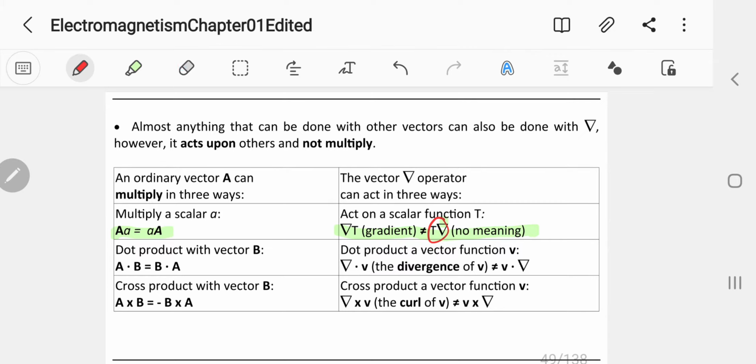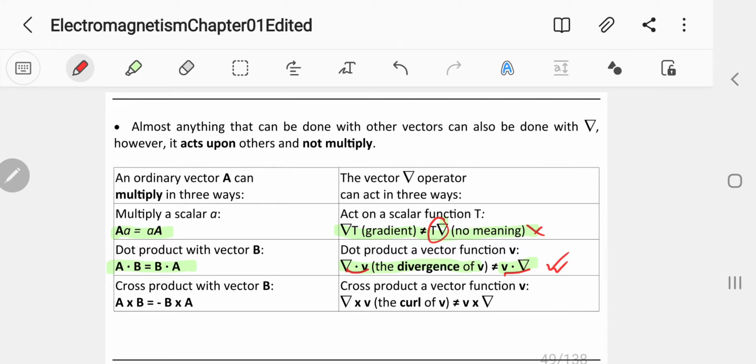That product here, this one is the divergence of V. We will learn what a divergence is later on. But this is not, of course, equal to this one. Although this one exists, this does not exist. This one can exist, but they are not the same.